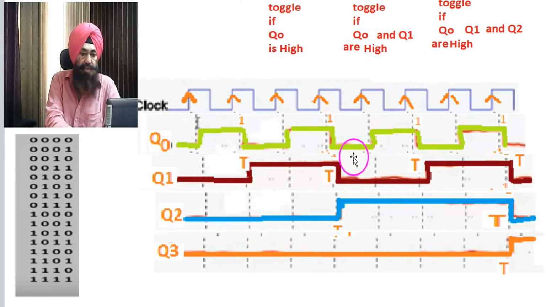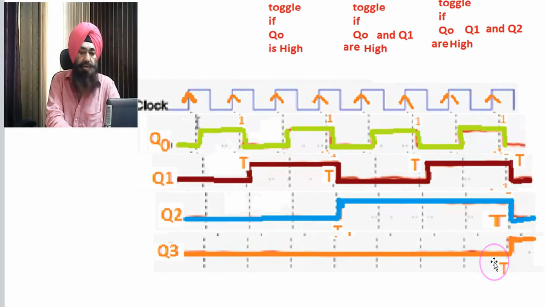Next count 0, 0, 1, 0. Next count 1, 0, 1, 0. Next count 0, 1, 1, 0. Next count 1, 1, 1, 0. Like that, this is how the counting goes. The last one is 1, 1, 1, 1. So this is how the counting proceeds for the up counter.